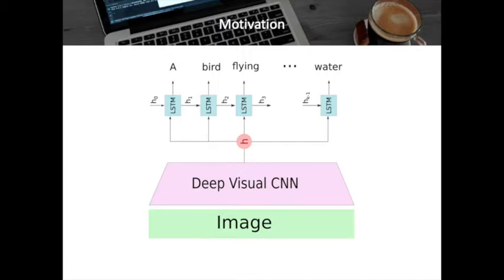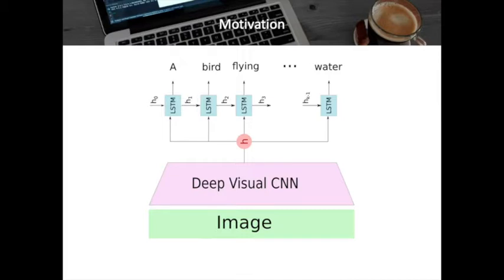So what is that? We start with an image at the bottom, and we feed this into a neural net, or actually a combination of neural nets, and as an output we want to get a description of what is present within the image. How can we go about this?